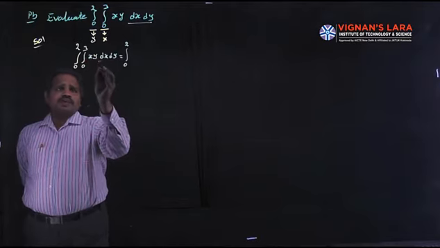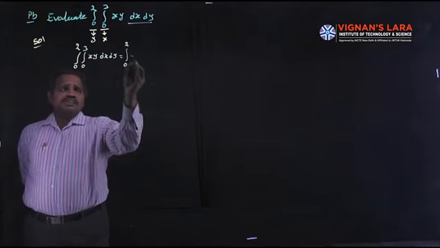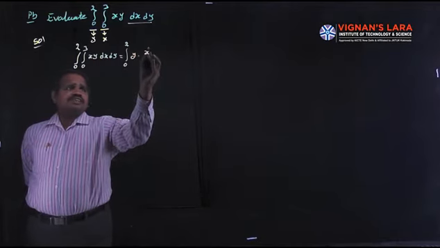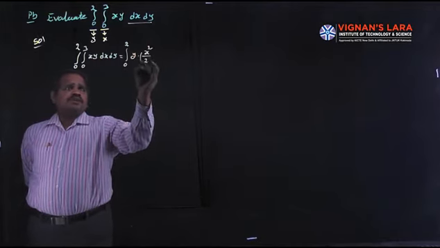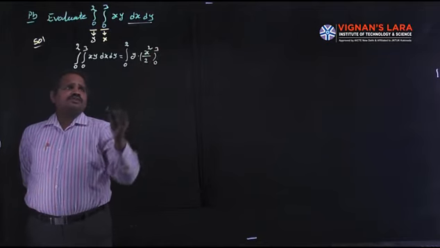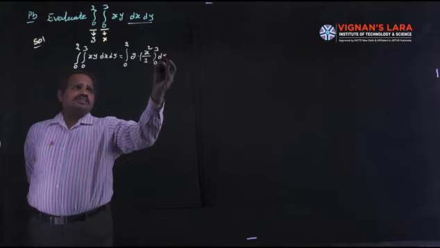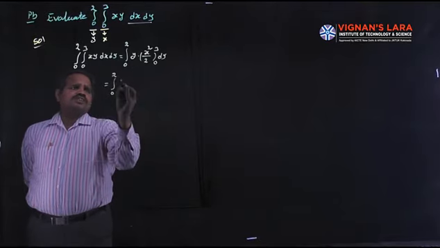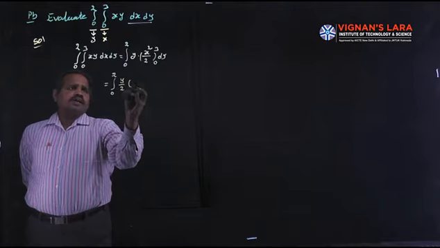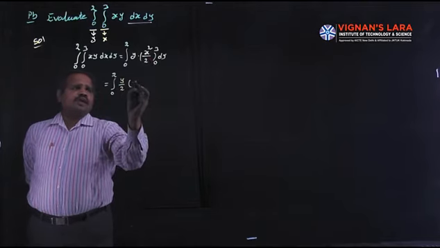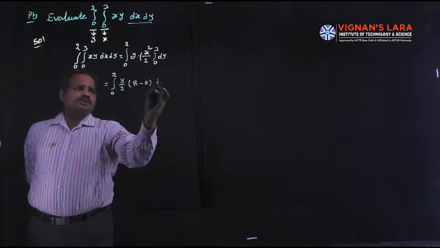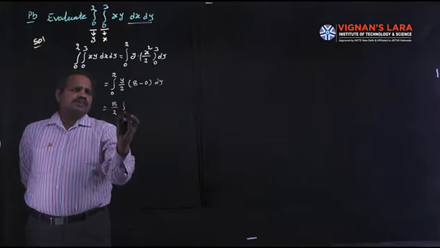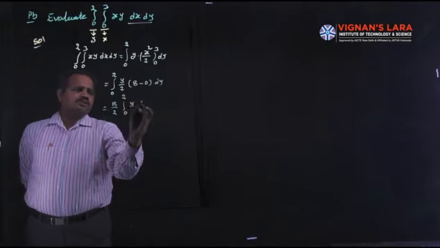So here first with respect to x, treating y as constant, y times the integral of x is x square by 2. What are the limits of x? 0 to 3. The x integration is completed, which is equal to the integral 0 to 2 of y by 2 outside, constant. First write the upper limit x square 9 minus the lower limit 0. So 9 by 2, a constant, outside, integral 0 to 2 of y dy.